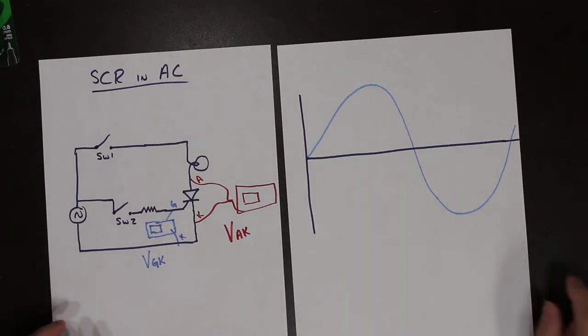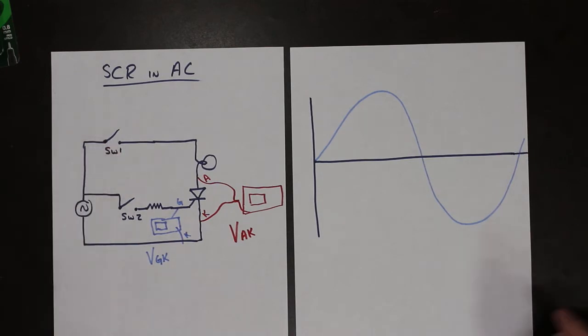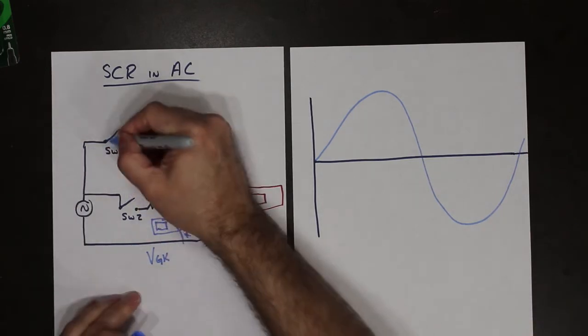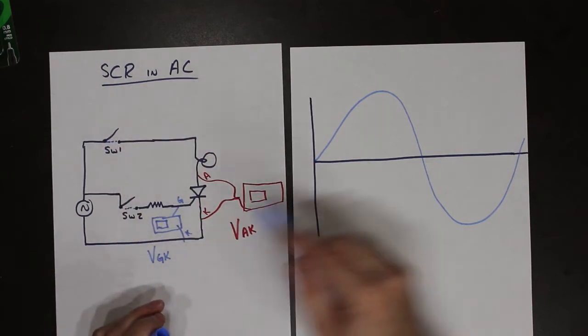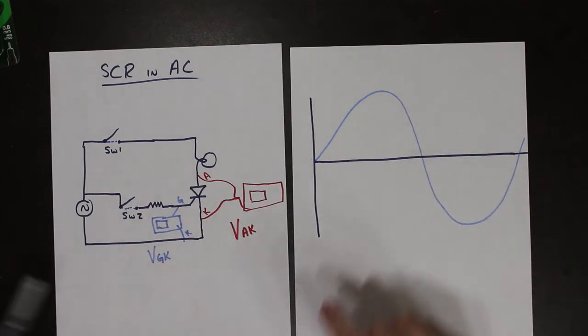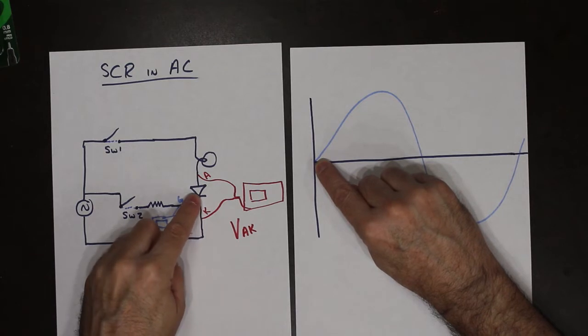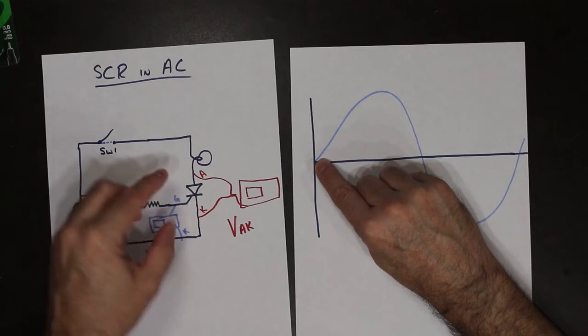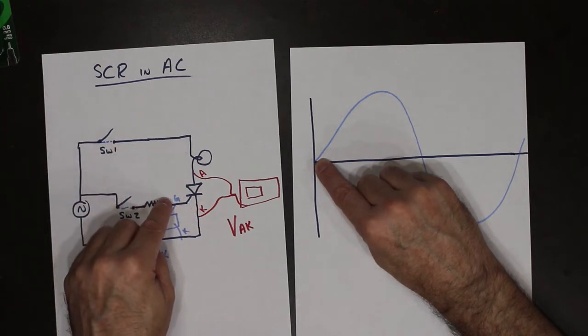What happens in this circuit is if we were to close these switches and apply this AC waveform, right here at 0 volts, this device will not be turned on for 2 reasons. 1, there's no bias voltage yet. 2, there's no gate voltage yet.